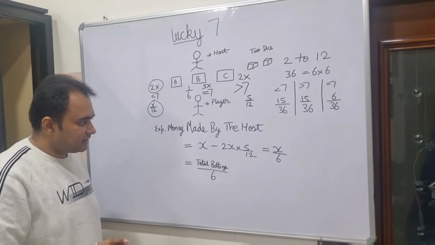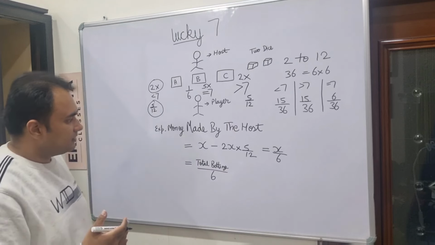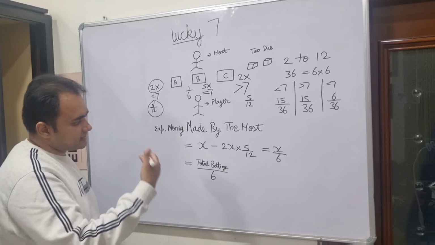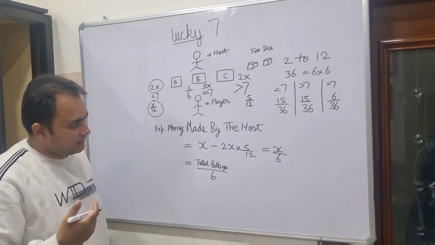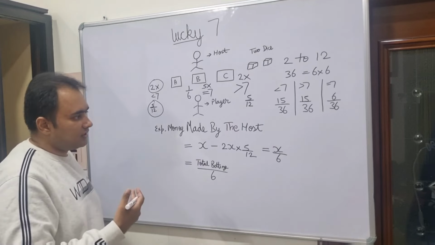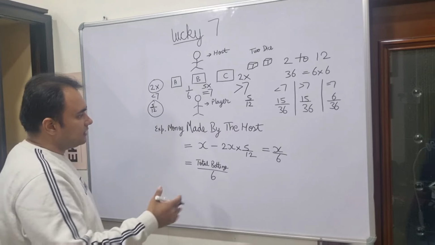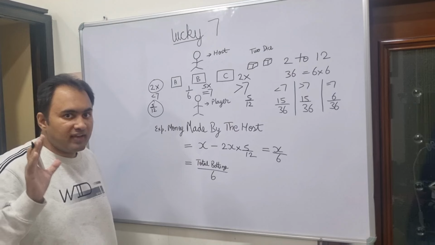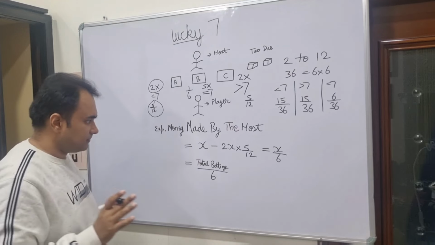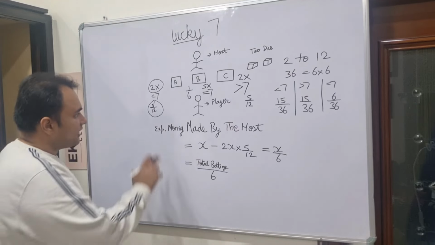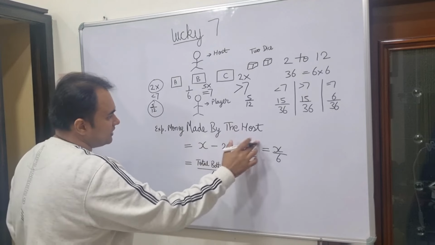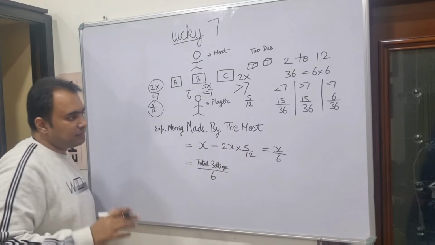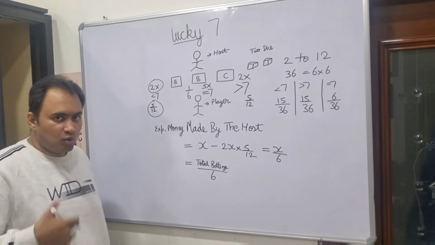It does not matter whether the bets are independent of each other or not. This formula still holds. Read linearity of expectation for clarification. So the expected money made by the host is equal to the expected total betting divided by 6, where the player bets more than one time.